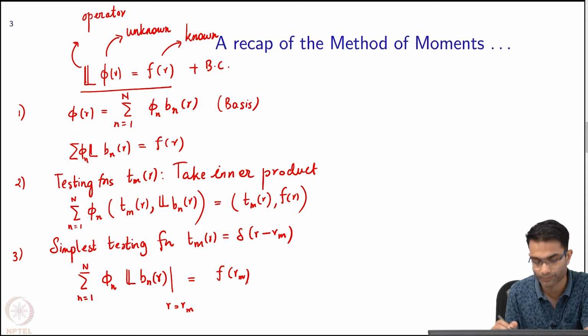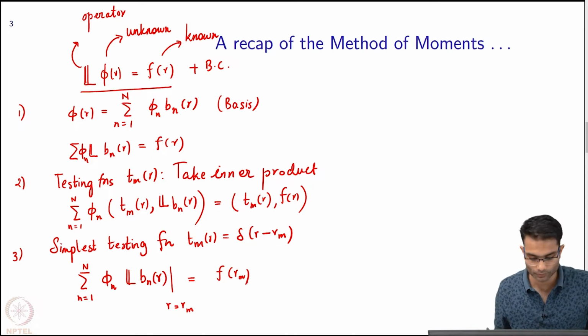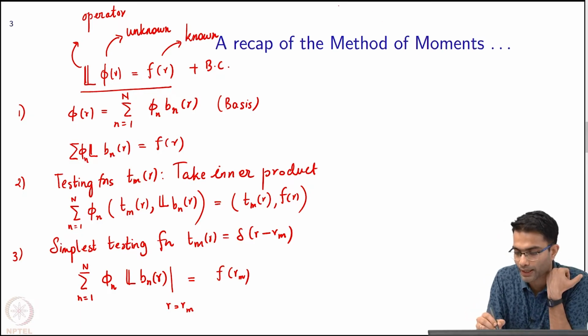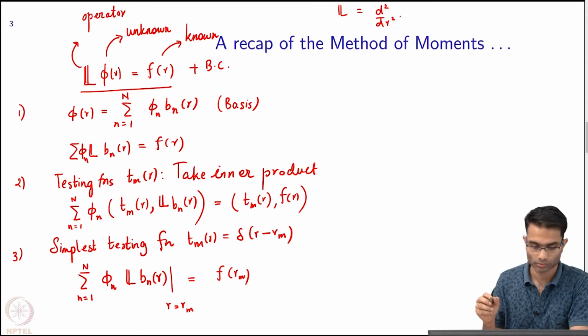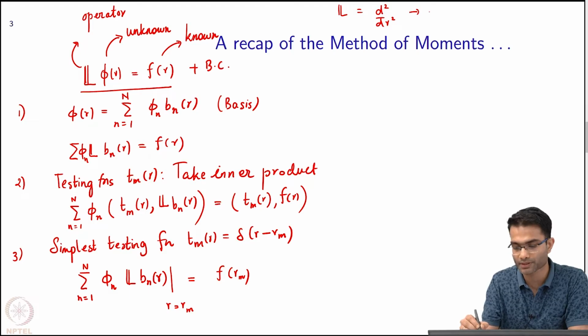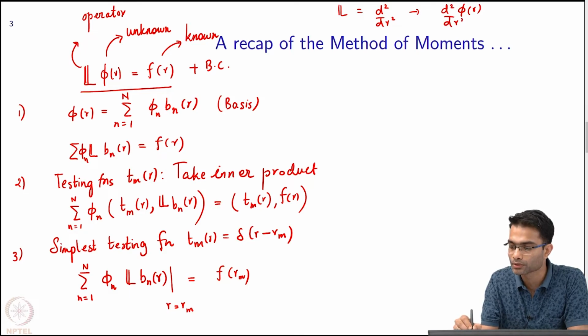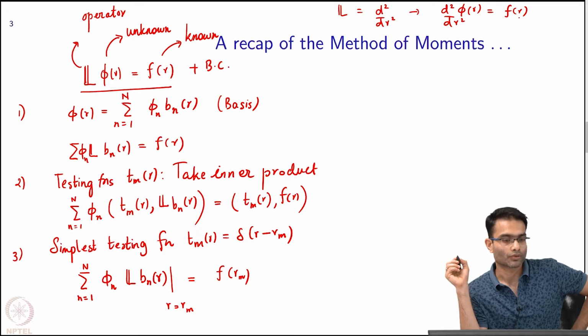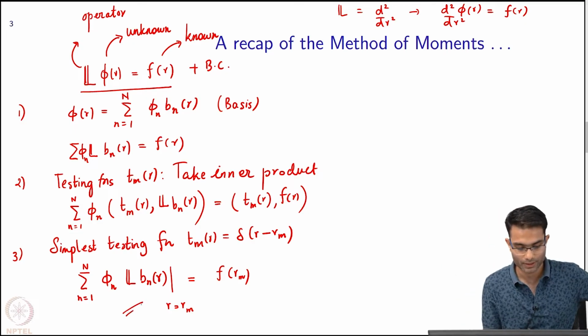So, for example, L can be something like the second derivative with respect to R. Okay. So, then this operator equation simply is second derivative of phi of R is equal to some function f of R, right. Now you can see why I have written this in this fashion, right.